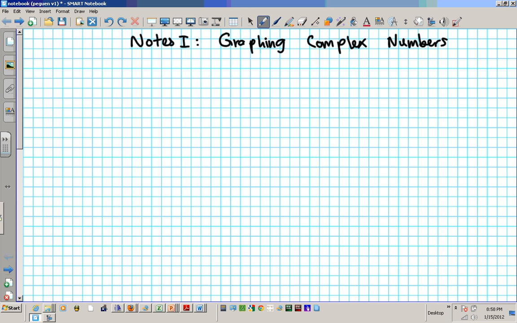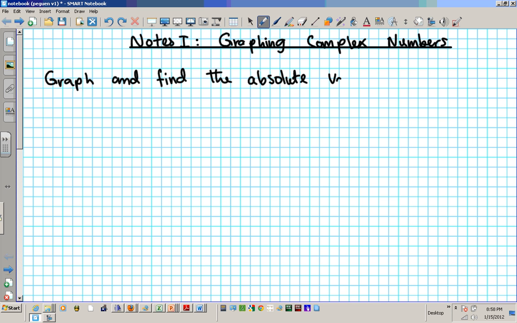All right, we're going to take a look at two examples before we start the first part of the classwork. The first example is as follows. It involves rectangular forms. It says graph and find the absolute value of the given complex number.